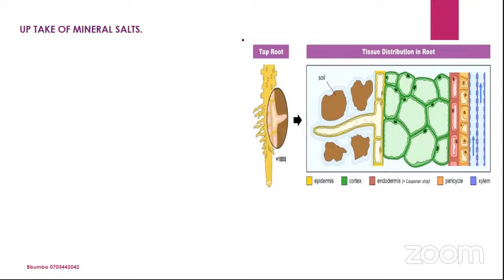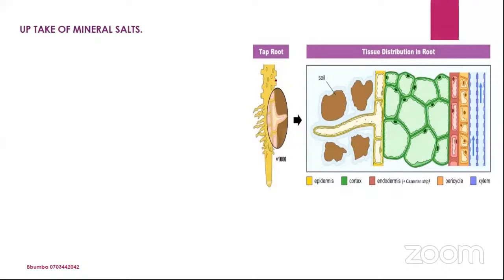And which ATP? Yes, MRF, this is a good reasoning. And remember, this energy in form of ATP is the one which is used under active transport when these root hairs are taking up these mineral salts.